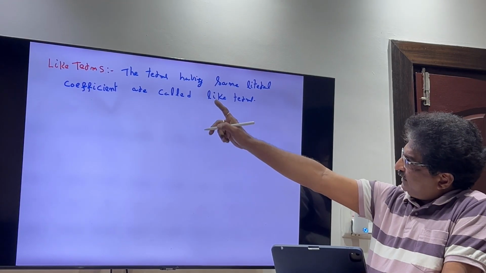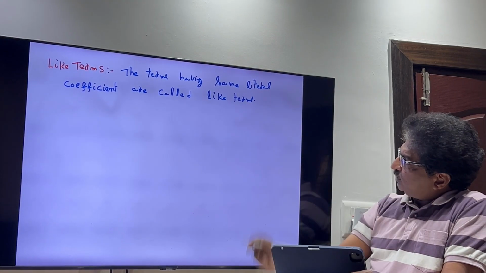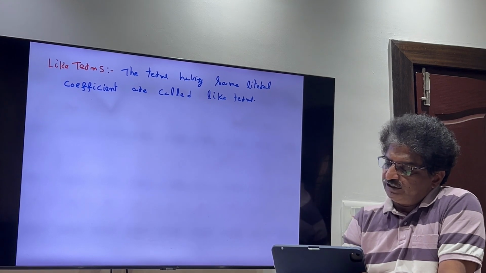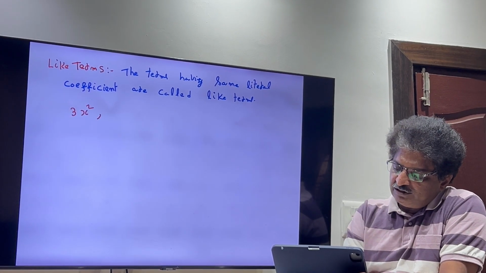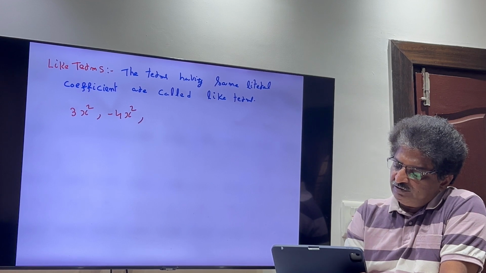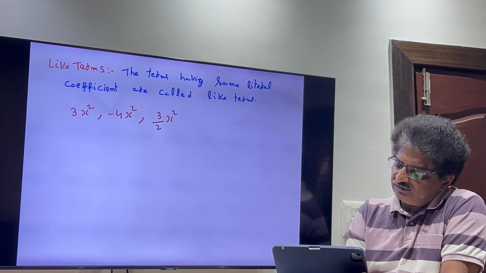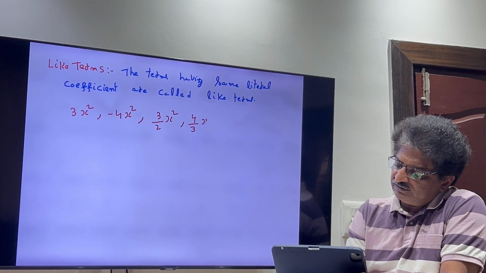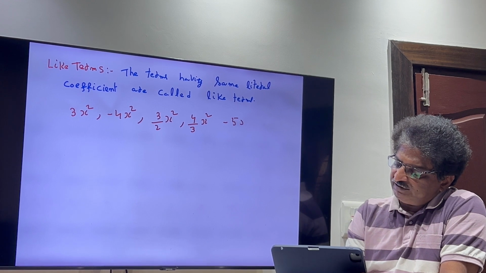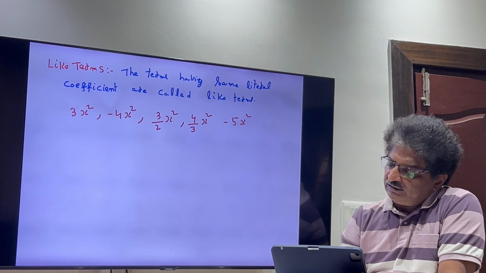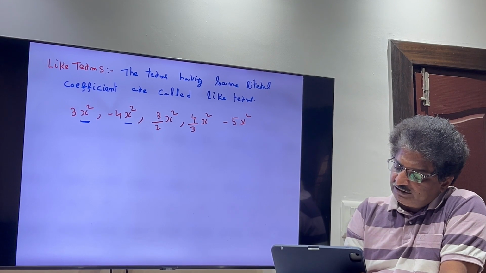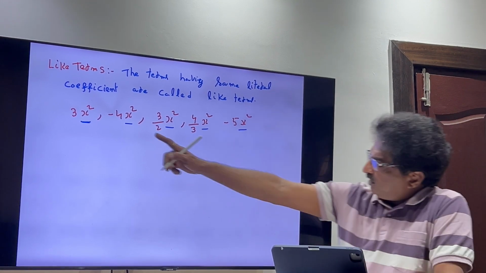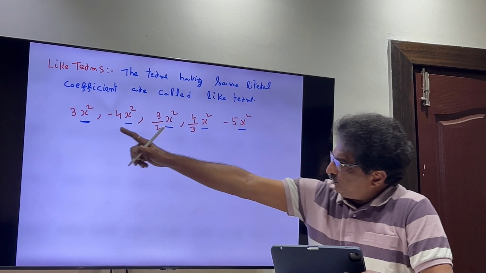Next, about like terms. The terms having the same literal coefficients are called like terms. For example, which are like terms: 3x square, minus 4x square, 3 by 2 x square, 4 by 3 x square, minus 5x square, etc. All have the same x square term, so all have the same literal coefficients here.